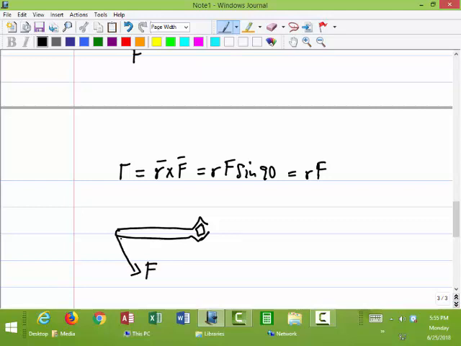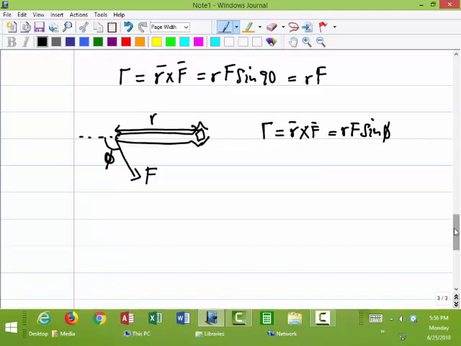Let's say this is F, and again this is your lever arm R, that way, and the angle between the force and the lever arm is this angle phi. So this time the torque is equal to R cross F again, and this can be written as RF sine phi.